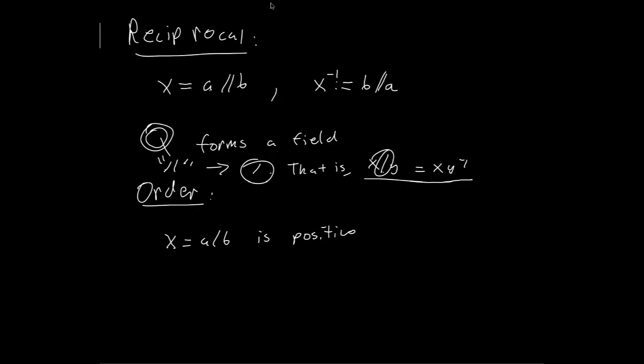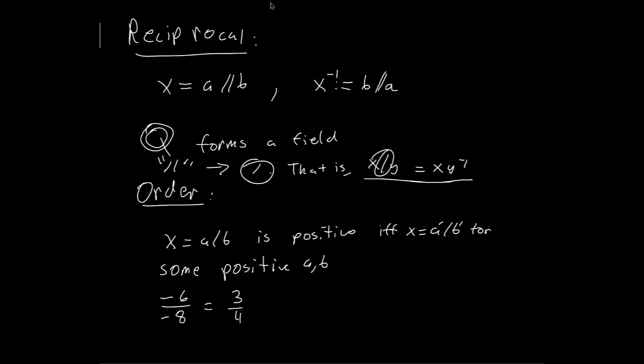So basically, it's positive if x equals A on B for some, let's say A prime on B prime, for some positive A, B. And negative if it's the negation of that, right? So like negative 6 over negative 8, both of these aren't positive, right? But we can write that as a ratio of positive integers. So if it's positive, it can be written as a ratio of positive integers, and if it's negative, it can be written as the negation of a ratio of positive integers.